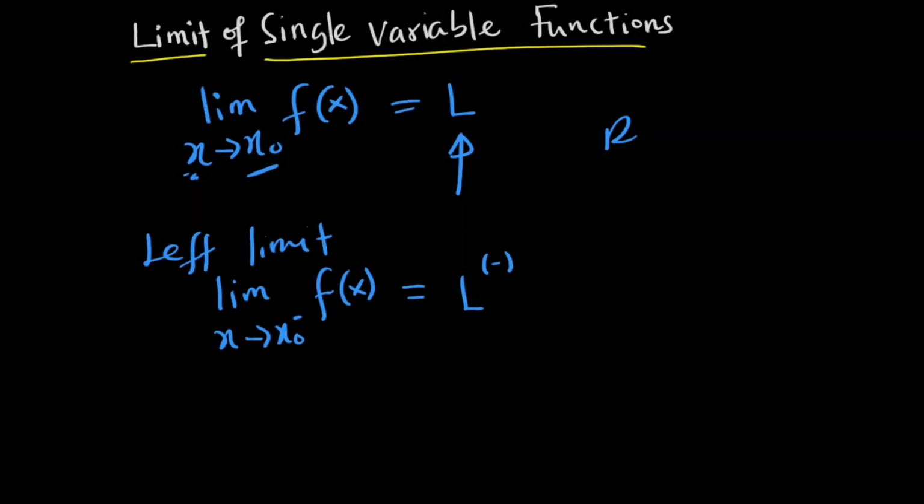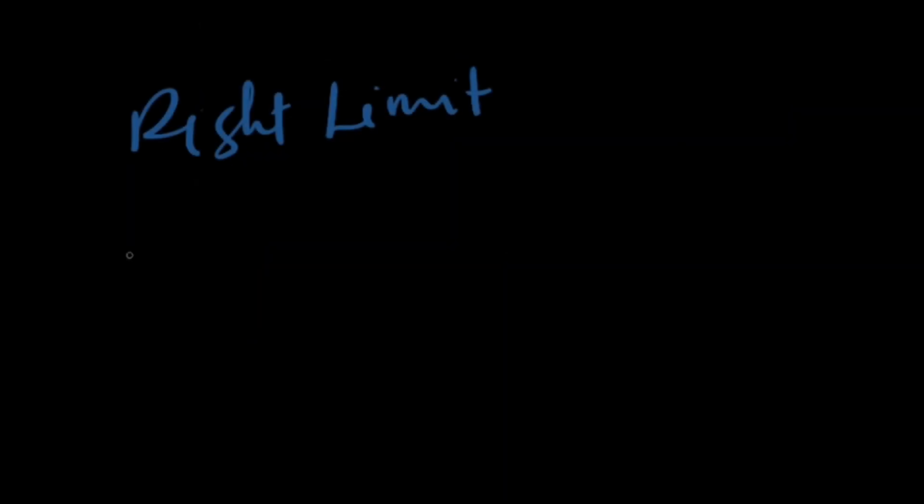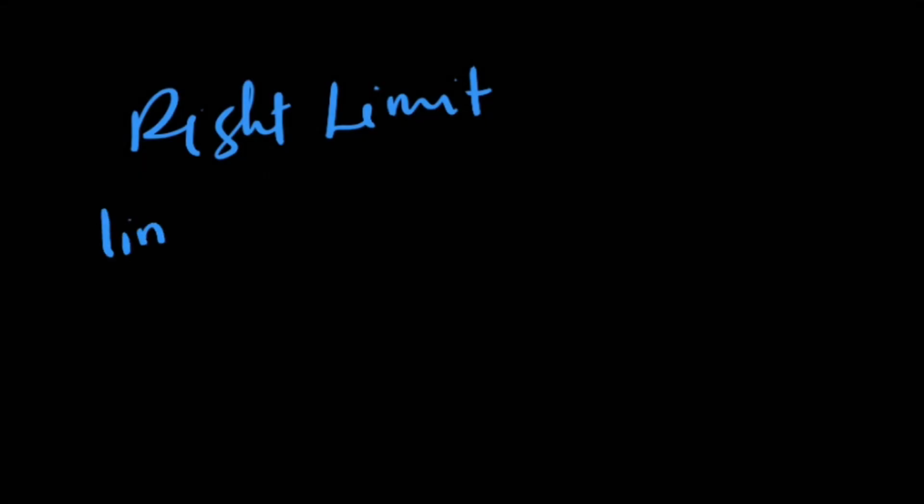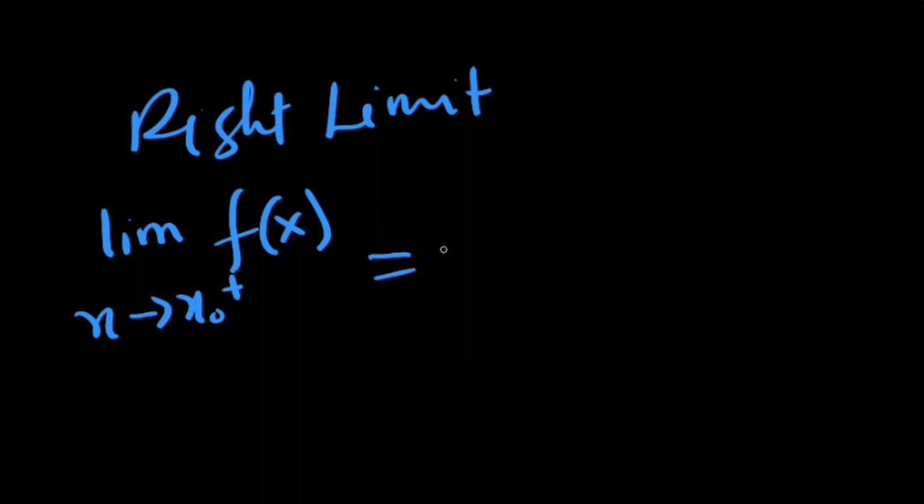And then the right limit, we write it as the limit of f of x as x approaches x naught from the right side, or from the positive side. And I can write that as something like this.